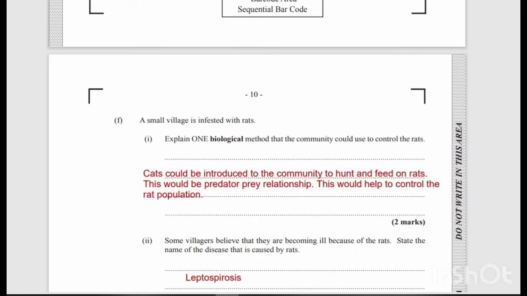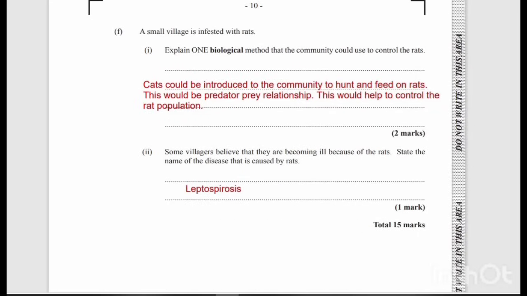So a good biological method for this problem would be that the persons in the community could introduce cats who would hunt and prey or feed on the rats, and this would be a predator-prey relationship, and this would help to control the rat population. So instead of using chemicals or physically using traps, which is mechanical, with a biological method you use a living organism to control the population of another living organism. So in this case, introduce cats to cut down the population of the rats.